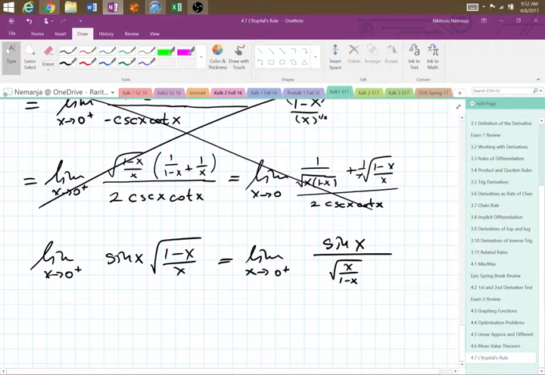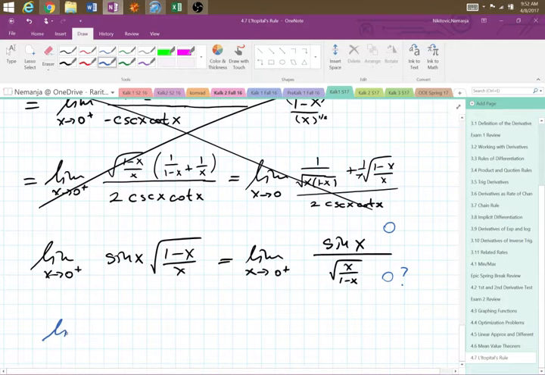Now, did I achieve what I wanted? I have to check. This is a side note, because I know that this is 0 on top. But is this one 0? Right when I plug in 0. So I have to check that.